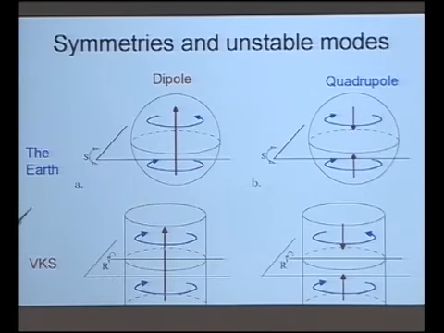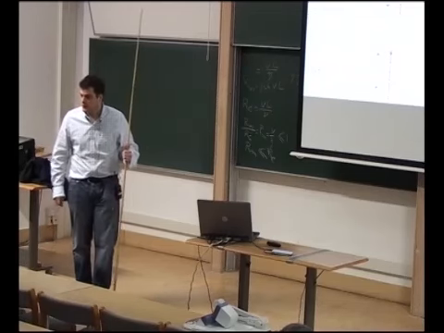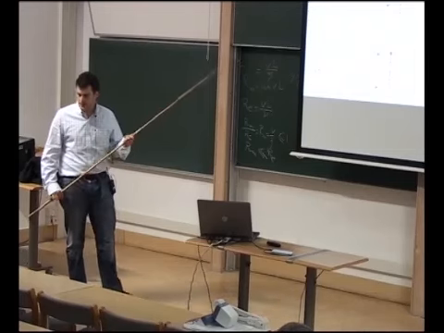At this stage, you should think that I'm confusing odd and even, but these are polar vectors, so they don't transform the same way under planar symmetry. But I might confuse sometimes. Anyway, what is important is that they transform differently under this transformation. One is odd, one is even, and we will use that later.